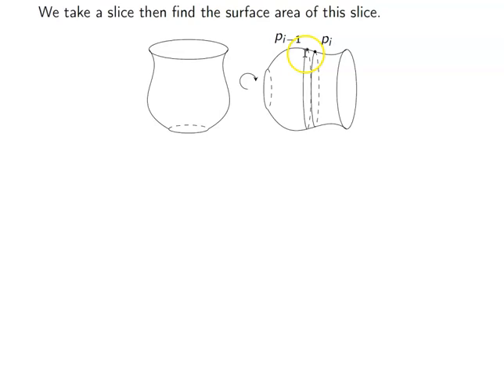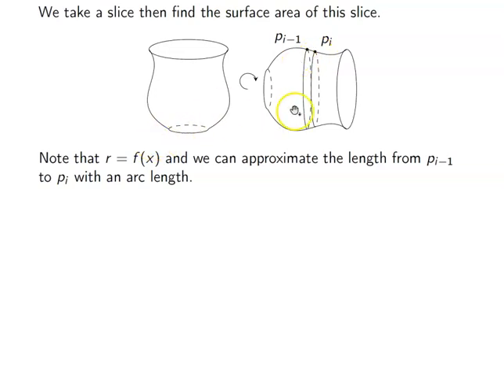Okay, so if I start to slice this up, if p sub i minus 1 is the point on the curve that starts one end of the slice, and p sub i is the point on the curve where the end of the slice is, the top of the slice. Notice that the radius given in the middle from the center is the height of my function f of x.